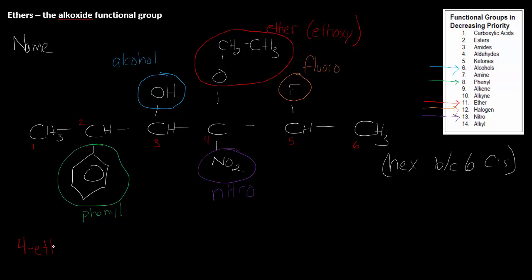Alphabetical order. 4-ethoxy. 5-fluoro, E before F. 4-nitro. N comes after E and F. P comes after N, so this is 2-phenyl.